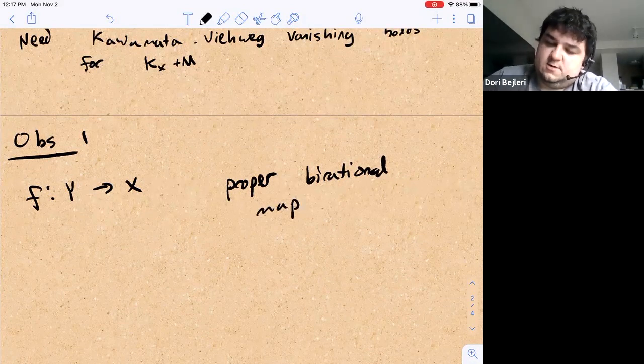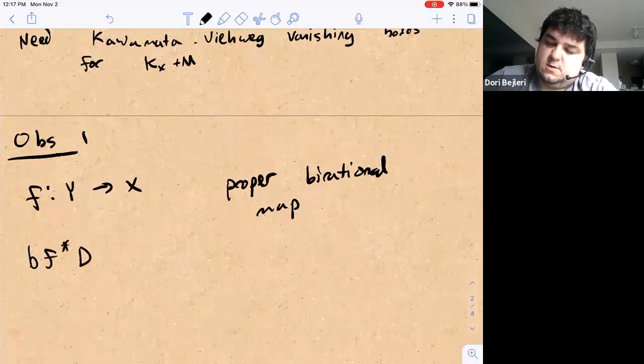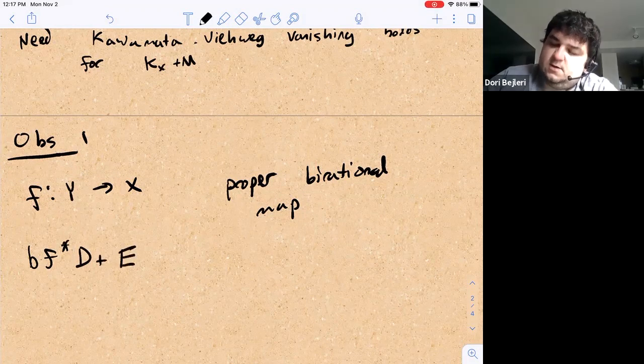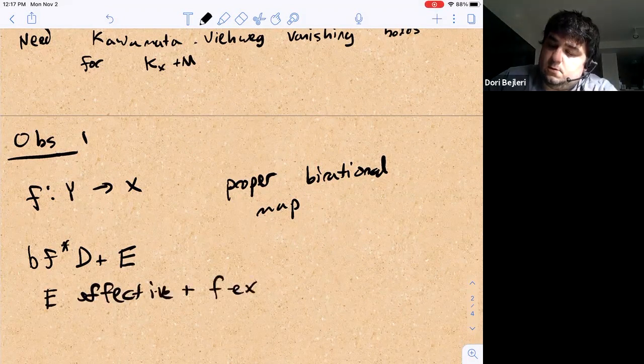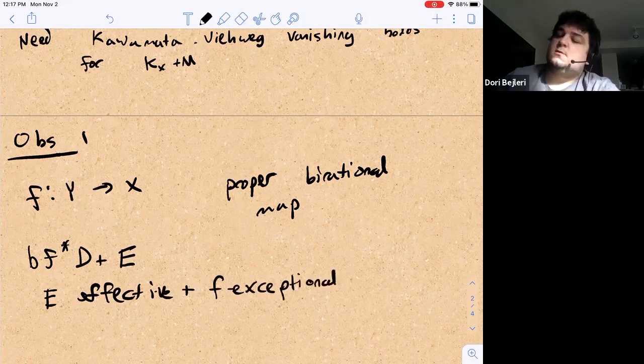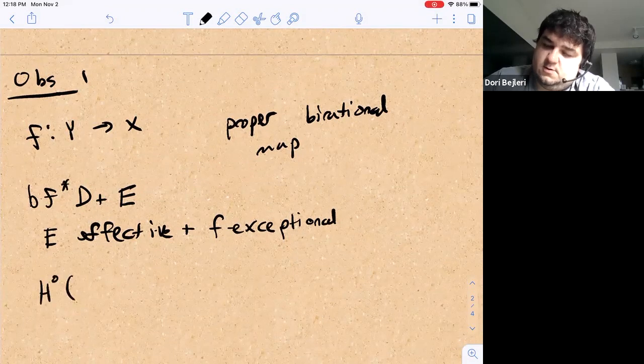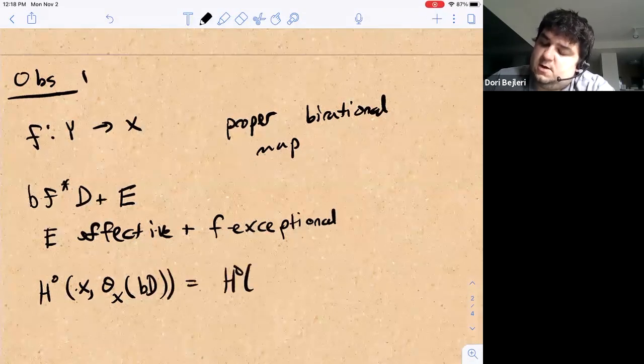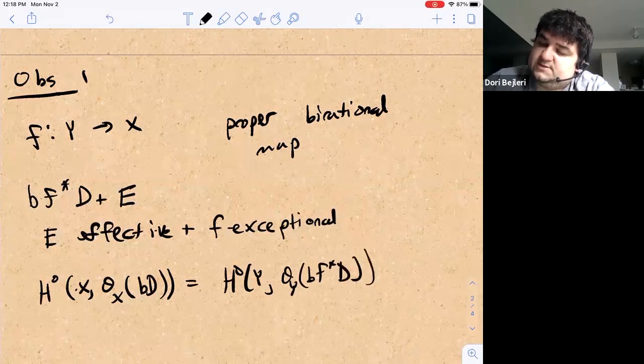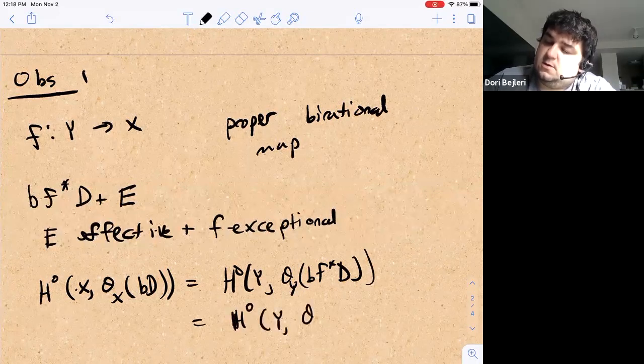Then if we write down the pullback of D plus any divisor E, where E is effective and f-exceptional, then by this fact that we've used a couple of times in the class, we know that H^0 on X of O_X(BD) is the same as H^0 on Y of O_Y(B f^*D), but the important point is it's the same as H^0 on Y of O_Y(B f^*D + E).